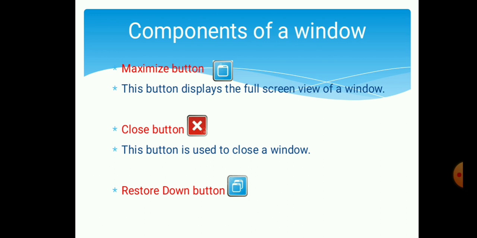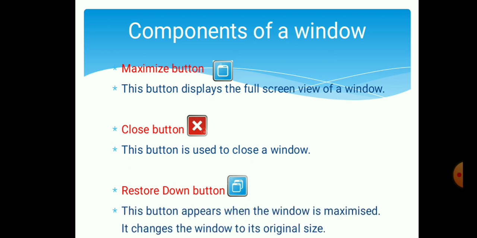This is called restore down button. Restore down button appears when the window is maximized. That is, when the window is already in maximum size, the maximize button is changed into restore down button. If you click that restore down button, it will come back to its original size.